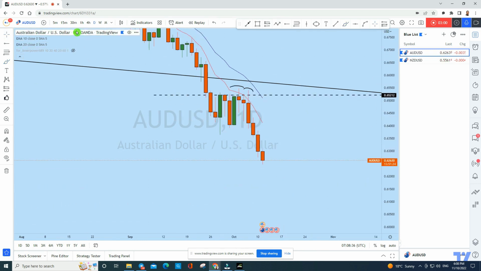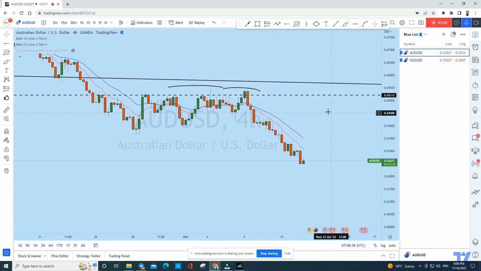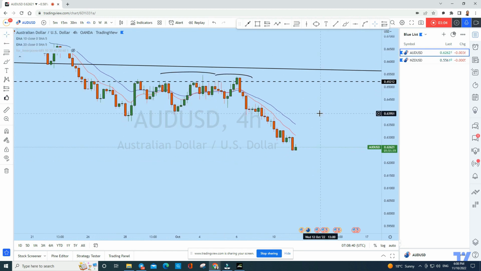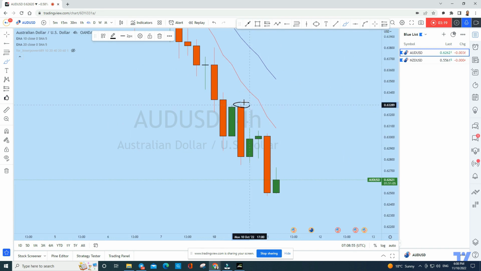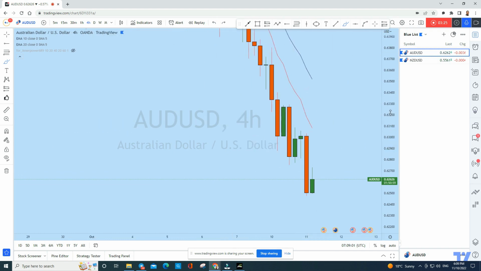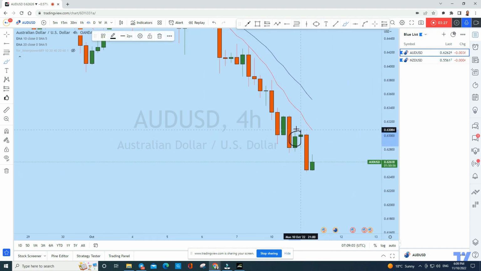Now let's look at the intraday perspective to see how we can find a trading opportunity in this falling market. If you look at the 4-hour candles, we see a strong possibility for a drop. If you look at this bearish engulfer, you see that it has crossed the previous one's high and closed with a full red body. That's a huge liquidity grab, followed by two sessions of retracement, and we see another bearish engulfer.